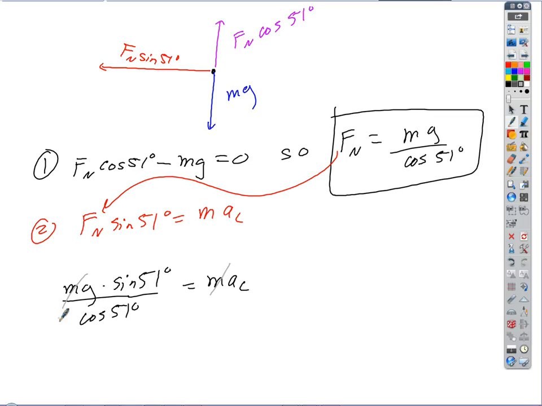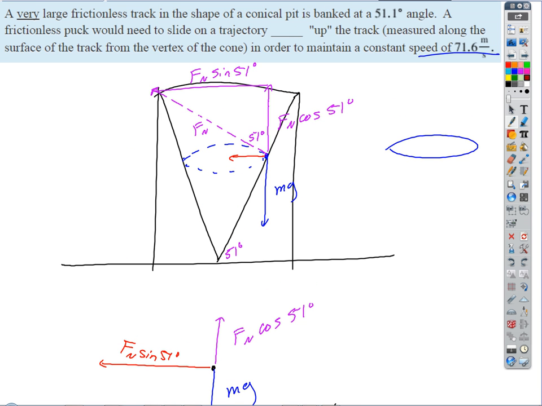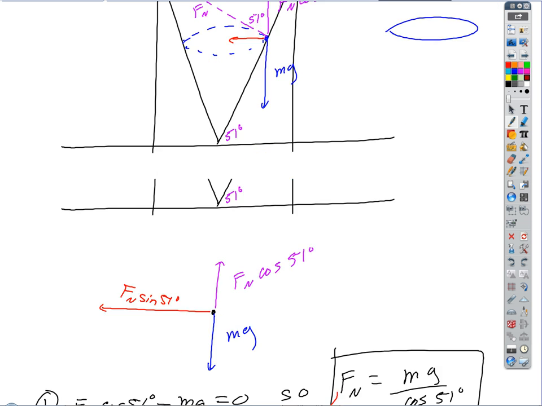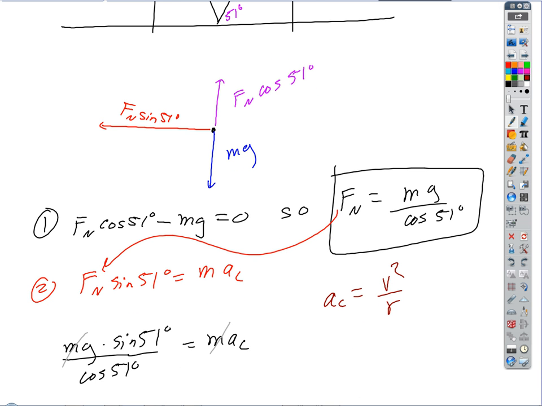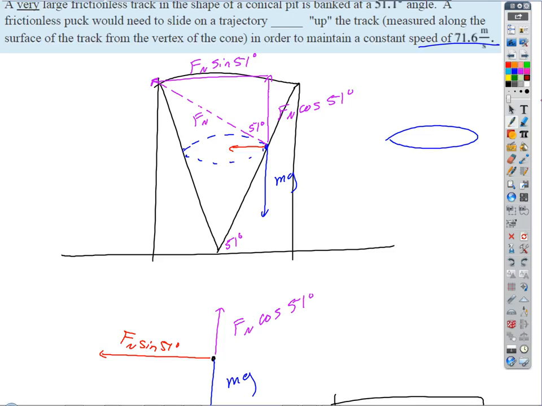Once I know what that number is, I can say I know that centripetal acceleration is v squared over r. Well, that's going to be my speed, isn't it? So really all I'm trying to find is, what's the radius? Everybody see that? If I can find out what r is, I can use some geometry here.